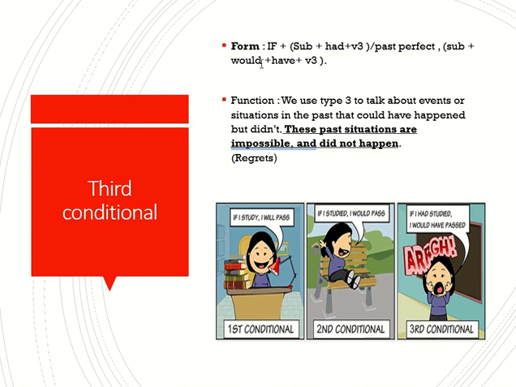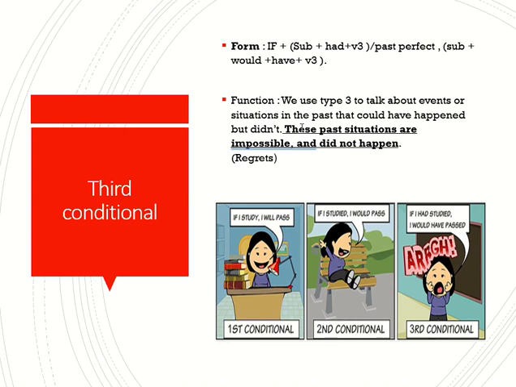Here again you can use would have or could have or might have plus verb 3. The function is to talk about events or situations in the past. So here the story is different. In the second conditional, we use it to talk about the present or the future, but here we're talking about the past.